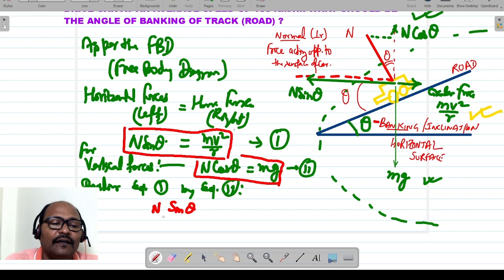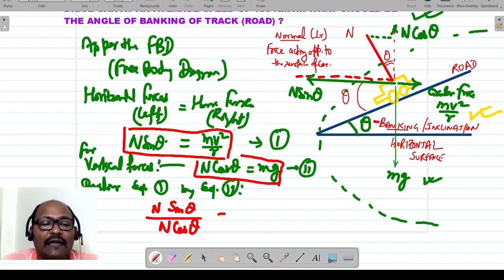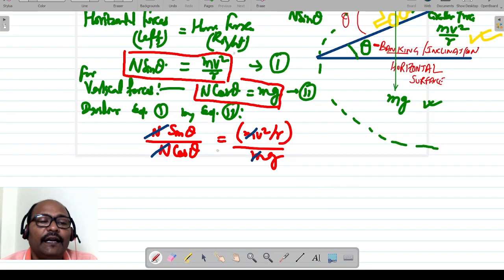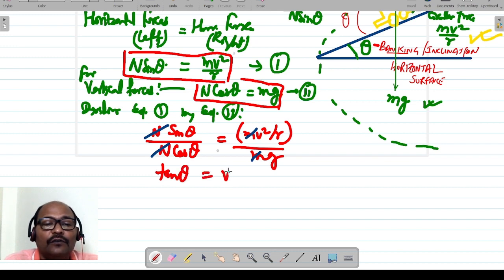So N sin theta will be divided by N cos theta, and in the RHS, mv square by r is divided by mg. We'll cancel the terms N and m. What we will get is tan theta equal to v square by rg.